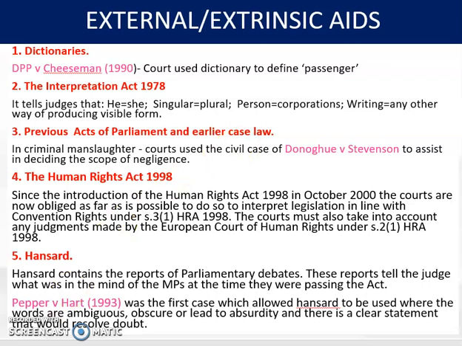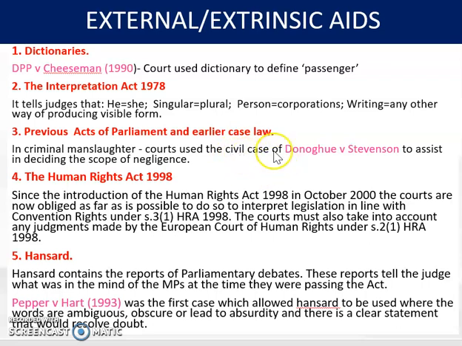So if you think back to criminal law, when we were studying unlawful act manslaughter and gross negligence manslaughter, judges were using cases from other areas of law to help them develop the law. So in the case of Donoghue v Stevenson, the judge in that case, famously Lord Atkin, gave the neighbour principle, and that was all about finding who would owe a duty of care in negligence.